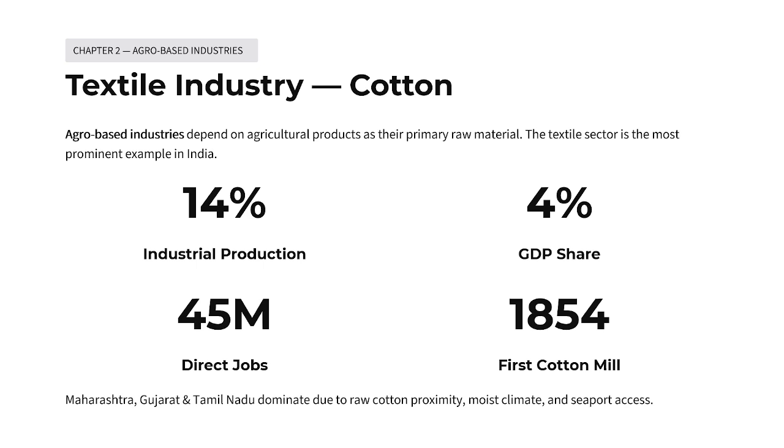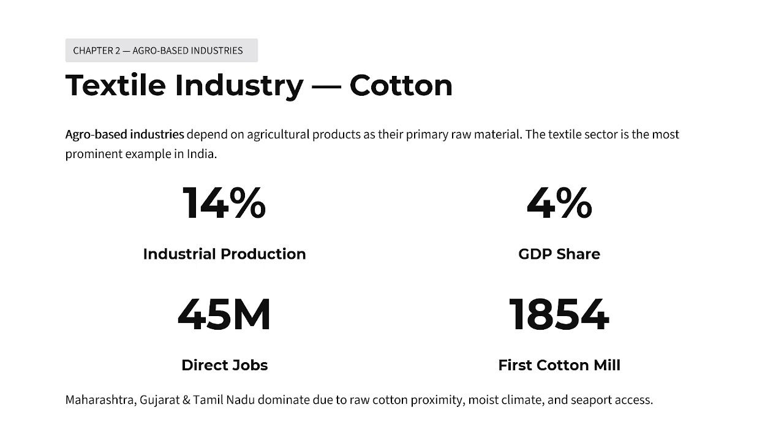Maharashtra, Gujarat and Tamil Nadu dominate textile production because of the coastal area, with seaport access very near for export and import, proximity to cotton production and transportation, and the climate and logistic access.